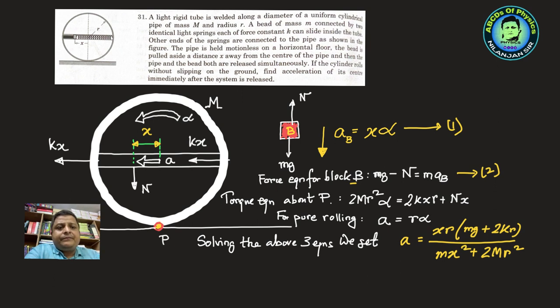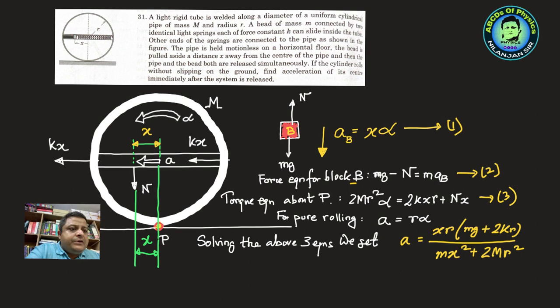Because from the point P, the line of action of this normal reaction, that distance happens to be x. And obviously for the weight of the shell, there will be no torque, because that will pass through point P only. So the torque equation about P, let's name that equation 3.